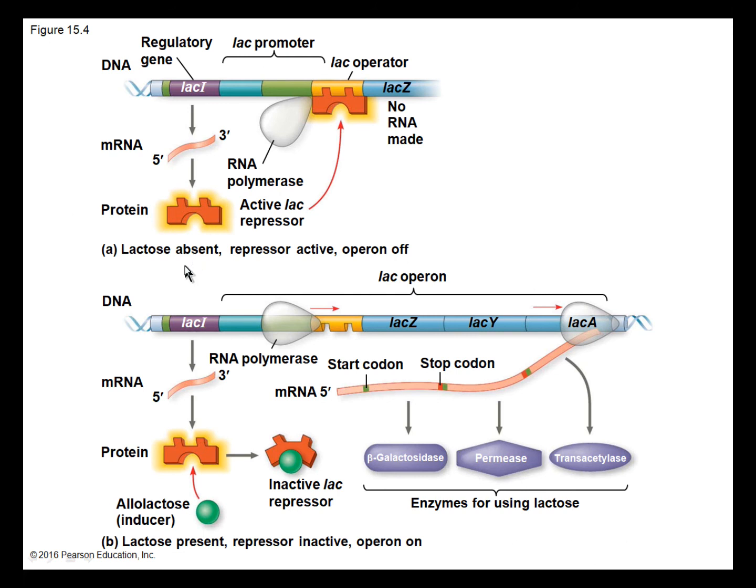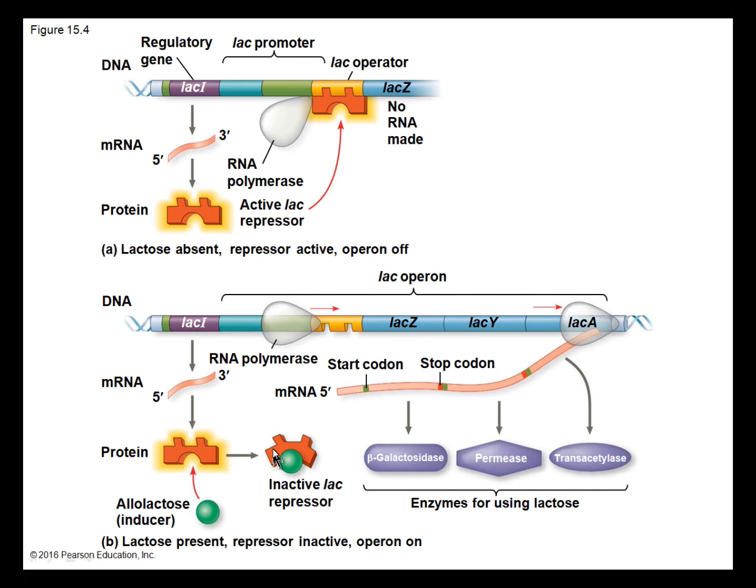usually. But in the presence of allolactose, which is a substrate, they can sense the presence of lactose, and if they have enzymes that can digest it, they can use it as an energy source. So in the presence of allolactose, it binds to the repressor.